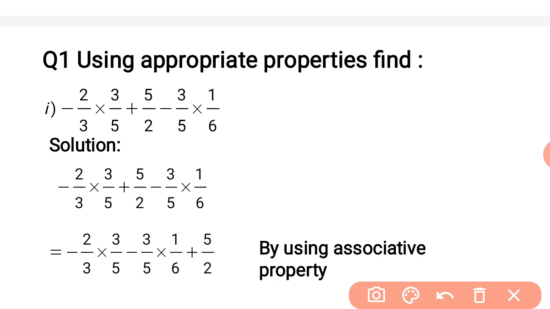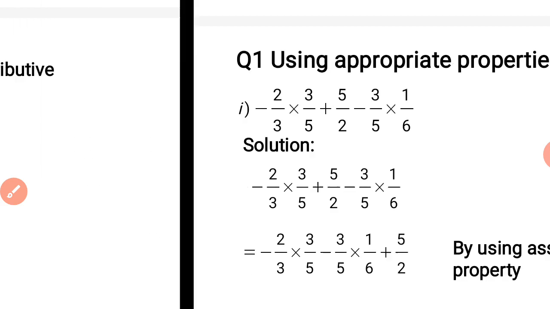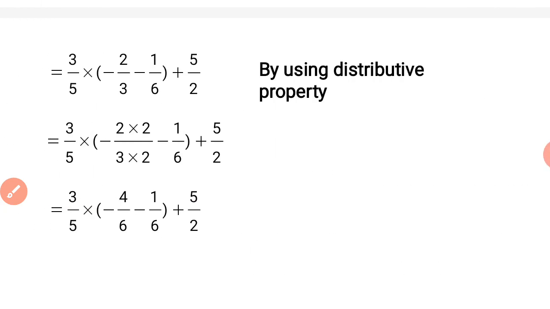Let us see what happens. Now, you will see that 3 by 5 is written outside the bracket. Whatever remains inside, we have to make another bracket and put the things inside it.